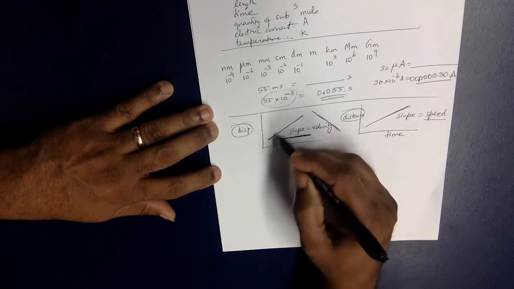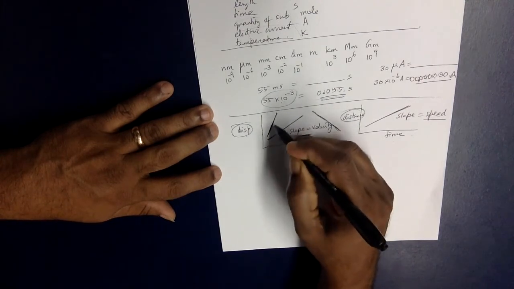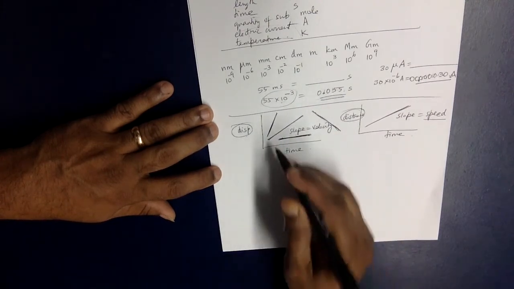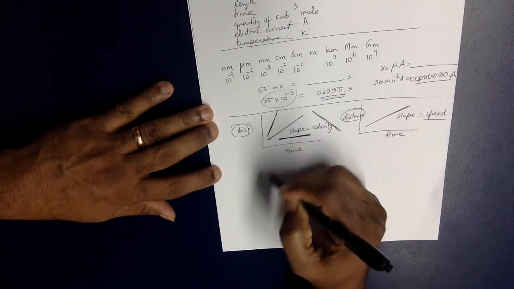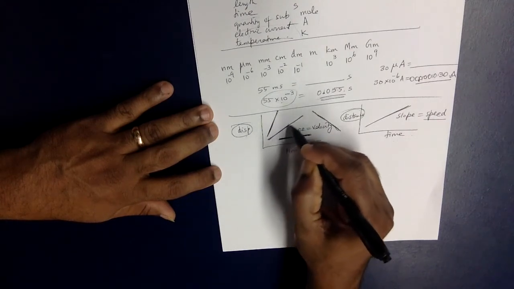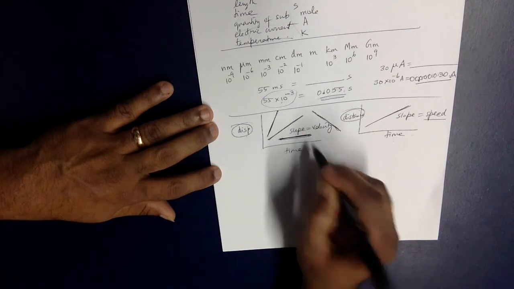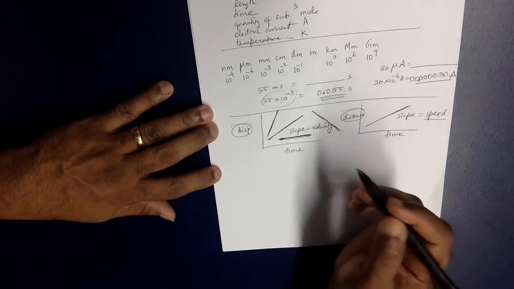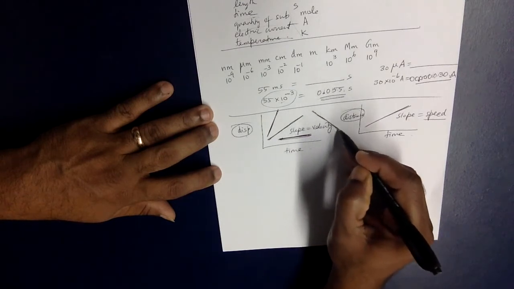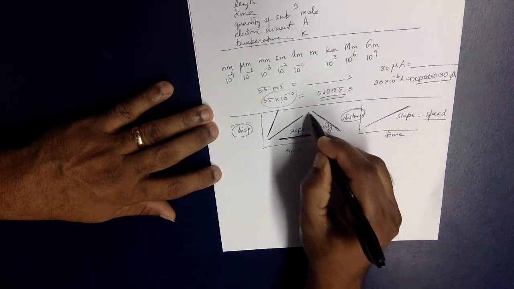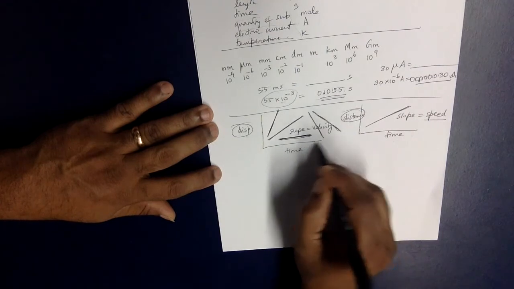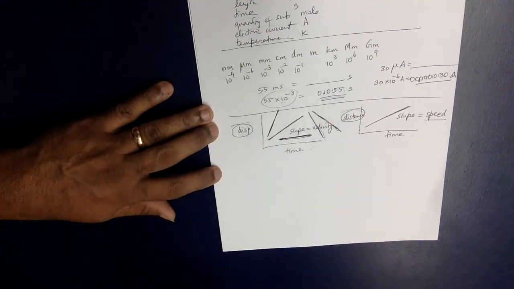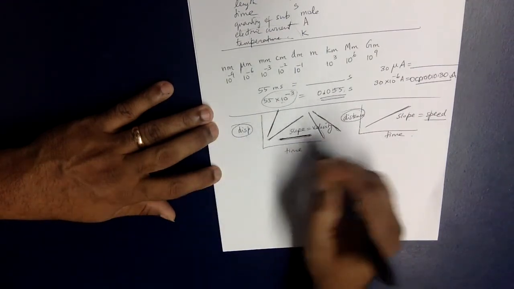And the steeper, what about this one? This means it's moving faster. That means the speed is more. This speed is more. This one speed is less. This one is 0 speed. So slope will tell you whether it is going faster or slower. Now this means it is going backward. Now this means it is going backward quickly, because in very little time it is coming down.